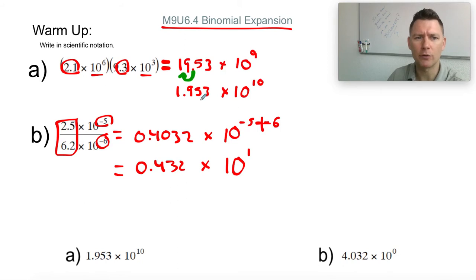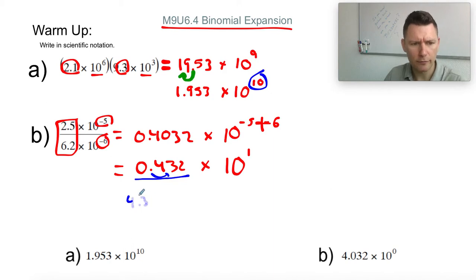If you're not sure which way to move this, you have to think about this piece. If you turn just this piece into scientific notation, I know that I'd move the decimal 1 this way, and this would turn into 4.032.